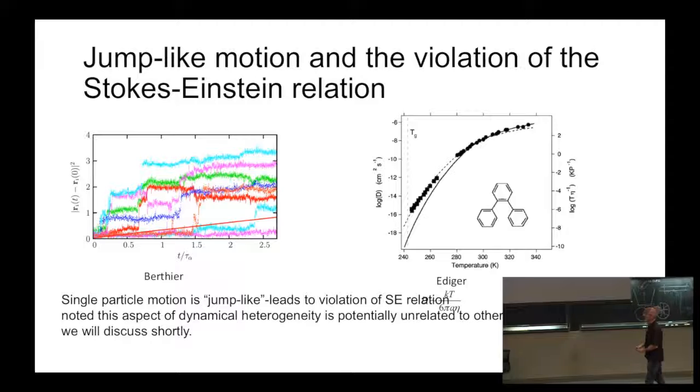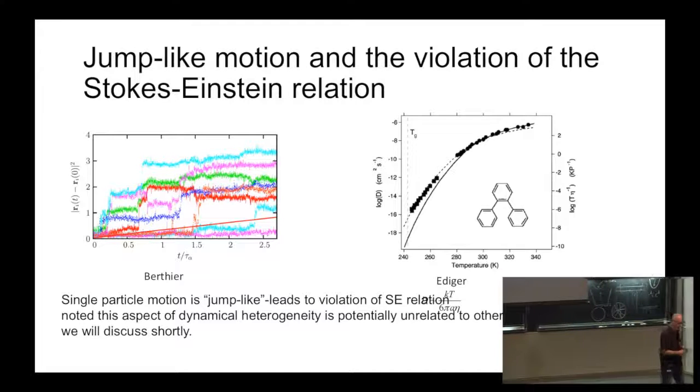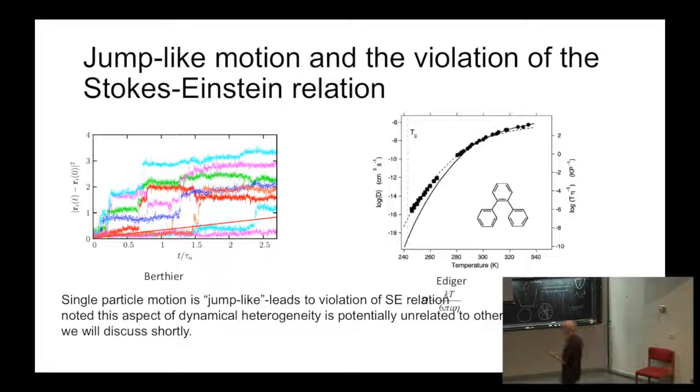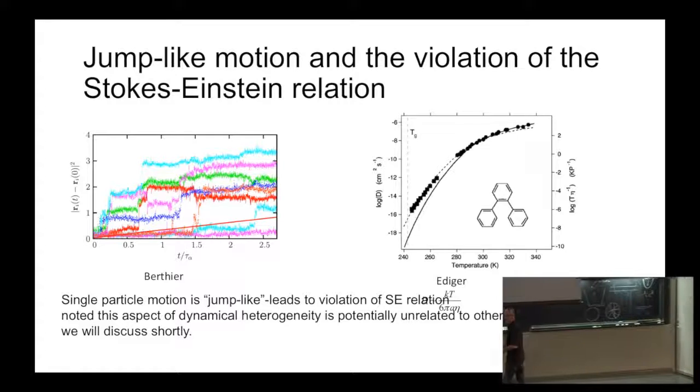Okay, so one consequence that I think is very dramatic, which is mentioned often, is the Stokes-Einstein relation. This is an unfortunate consequence of switching to the Mac, because this was actually in the right place on mine.